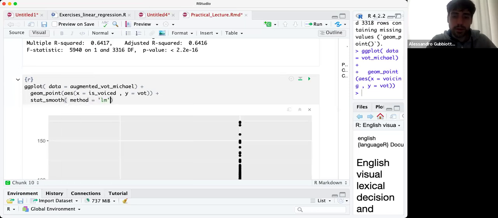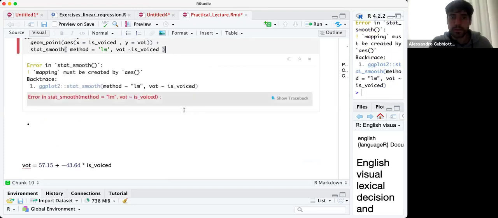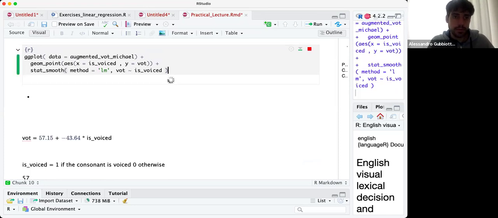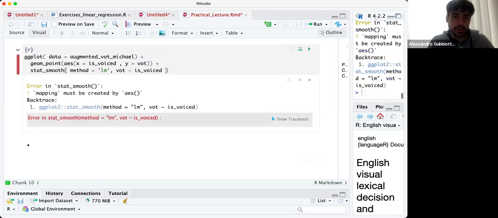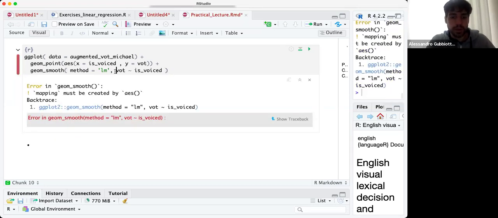The method is a linear model, and try to predict the vocal onset time using the variable voiced. This should plot me the line.